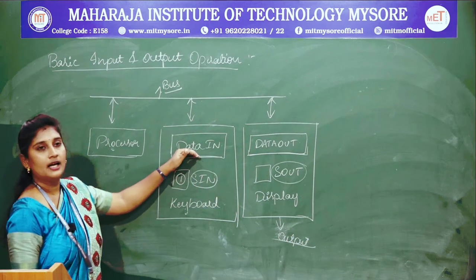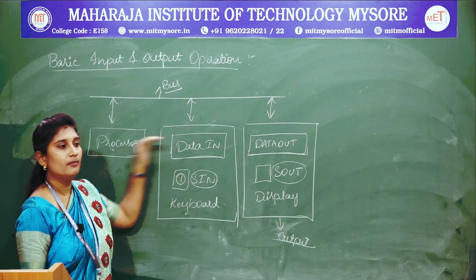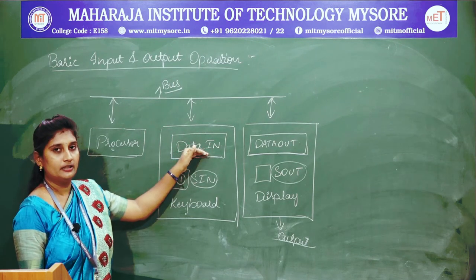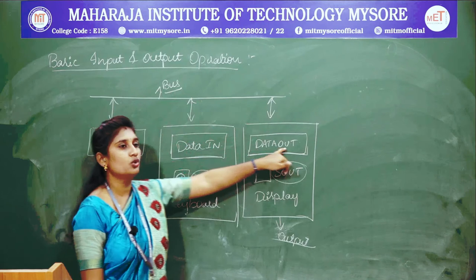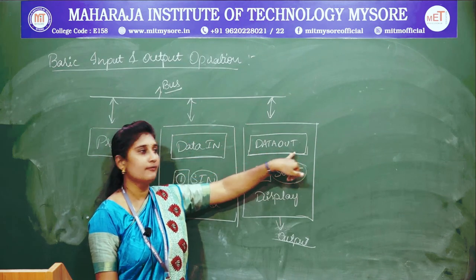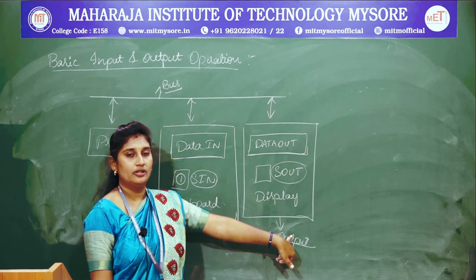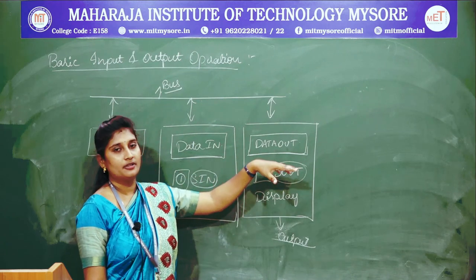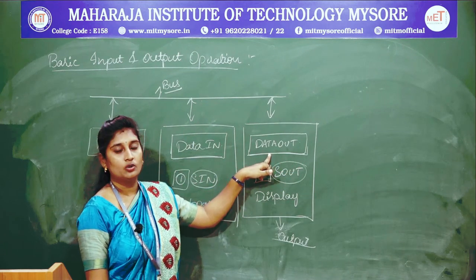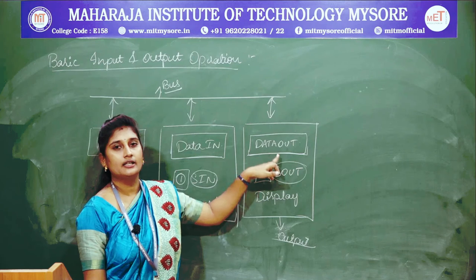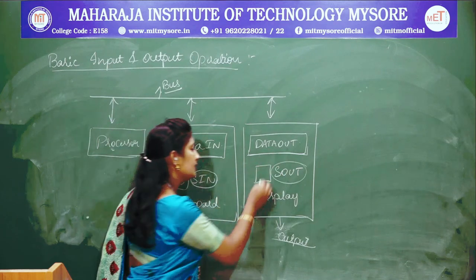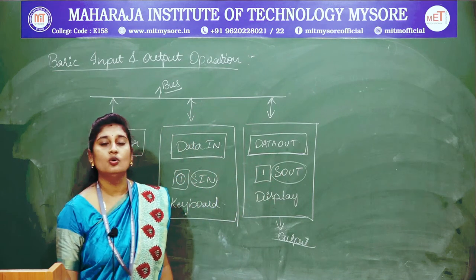Again, the data is read by the processor from the data in register, and then it is sent to your data out register before it reaches your output device. So it will be dumped to the buffer register called data out. Once the buffer register data out has been filled, this S out will be set to 1.